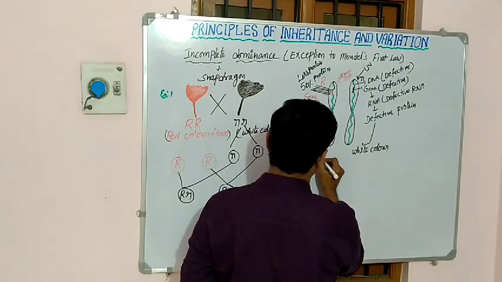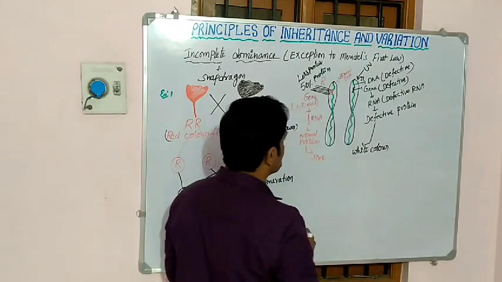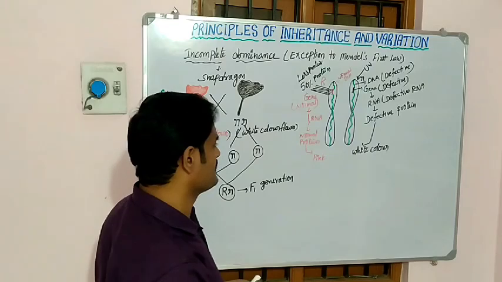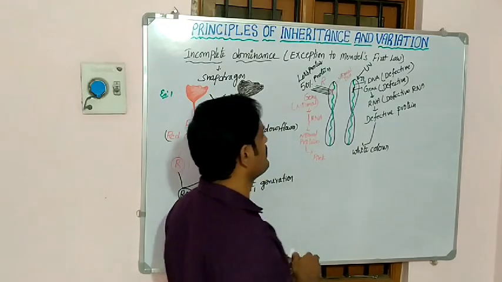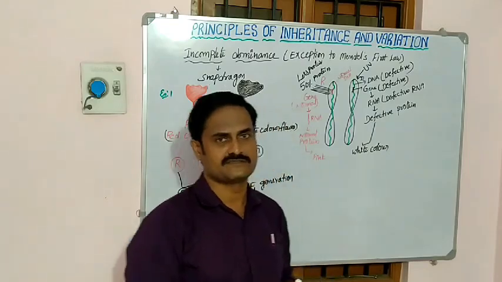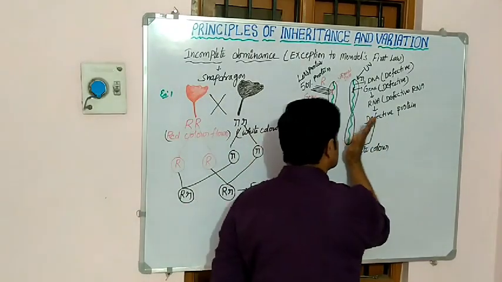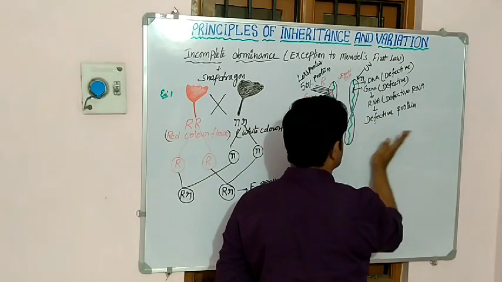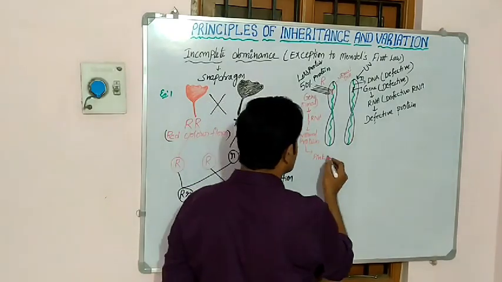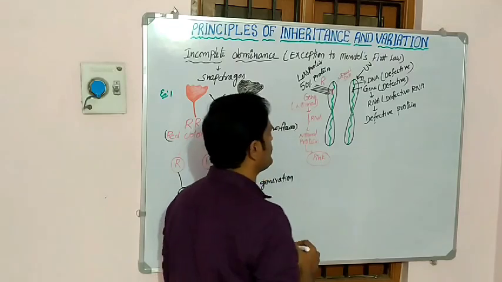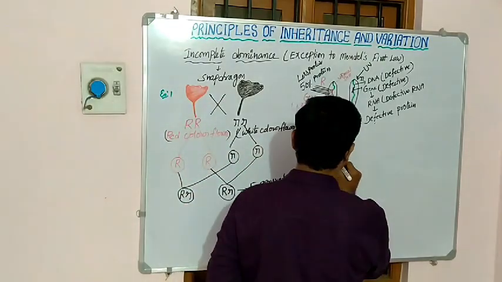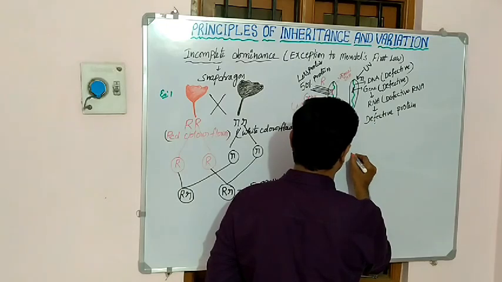Pink color. So in this F1 generation, what kind of flowers are we seeing? Pink color flowers. So it is a recessive character. Okay. So why are pink color flowers seen in the F1 generation? This is called the F1 generation.